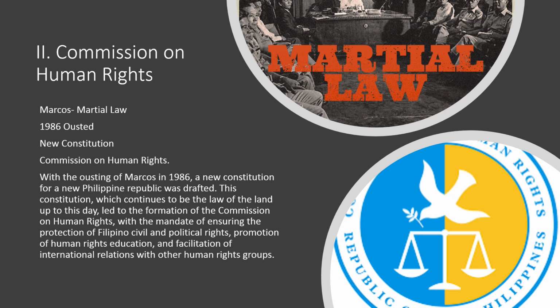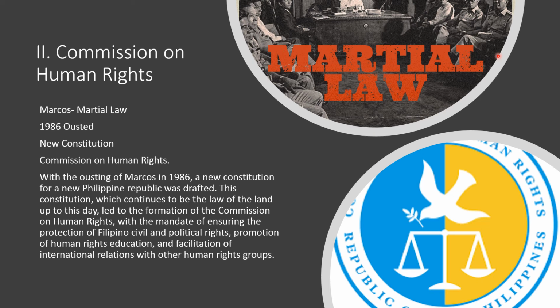Like the United Nations and the UDHR, the CHR was formed as a response to great horrors that were experienced. We are talking here of the Marcos administration when he declared martial law, and such atrocities were experienced. We were so traumatized by that that after the ouster of Marcos in 1986, we changed the 1973 Constitution and created the 1987 Constitution.